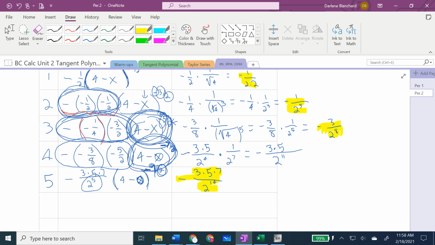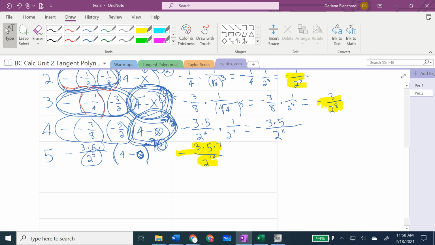Now, while there is a formula out there for multiplying the first so many odd numbers together, it is way too complicated to concern ourselves with. The textbook doesn't even concern us with it. So for that part, I'm going to say that the nth derivative at the center is negative.